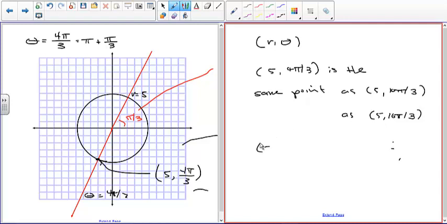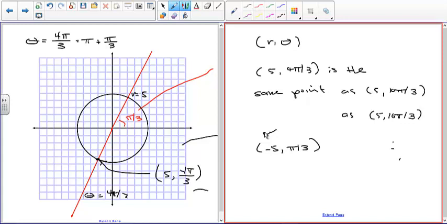Also, you could do it as negative 5 comma pi over 3. So what I've done there is I've gone to pi over 3, and instead of going in the positive direction, you go in the negative direction, and so this point can also be shown by a negative radius.